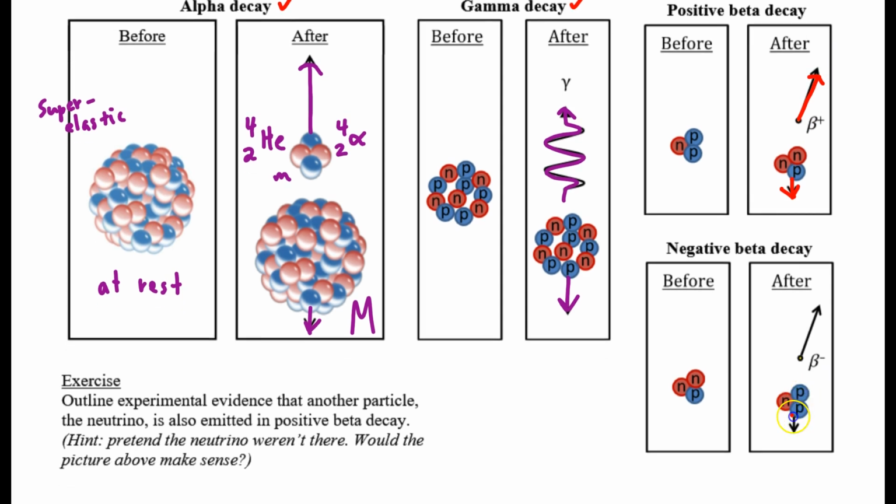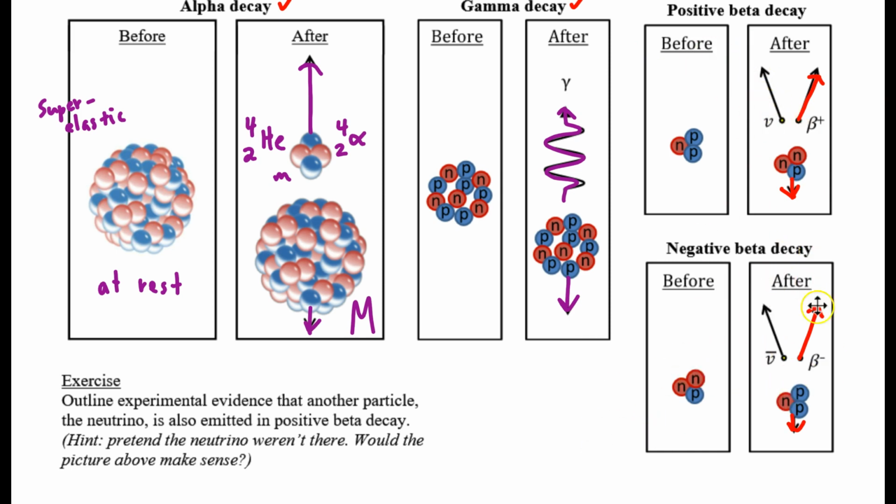It was true for negative beta decays as well. Momentum appeared not to be conserved. The only way this type of picture makes sense is if there is another particle that we can't see, which is moving in the opposite direction, kind of off this way.